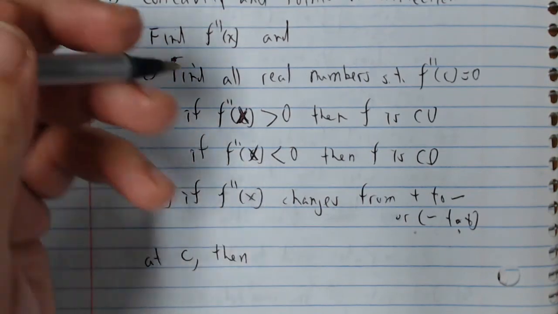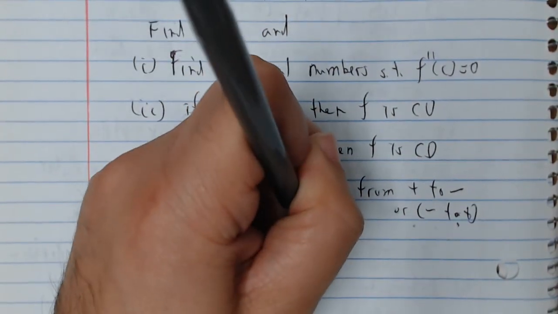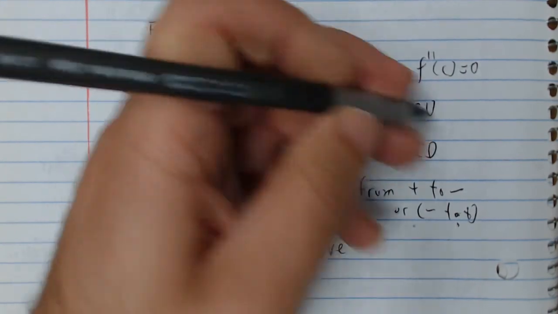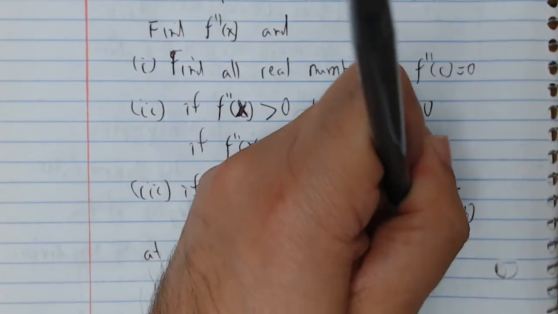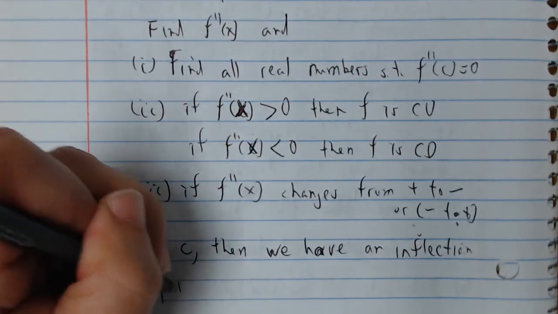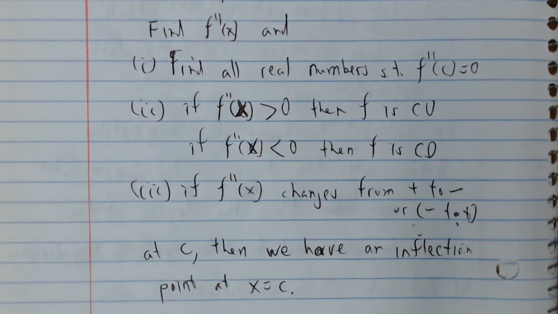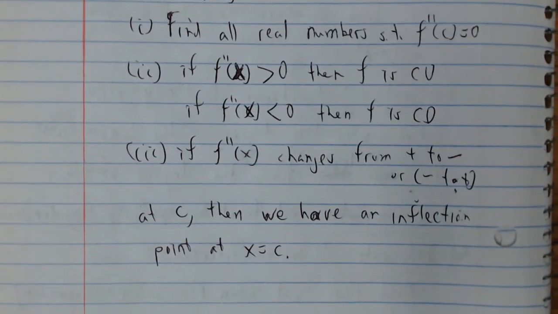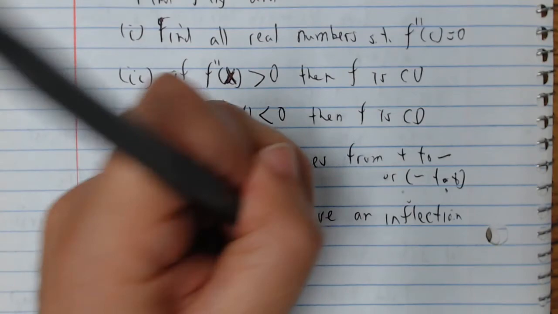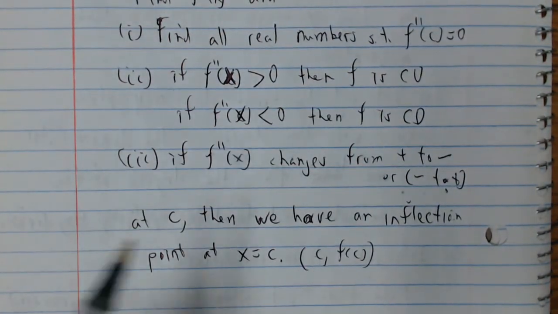Then we have an inflection point at x equals C. Okay, so then the inflection point will be C comma f of C. That's how you'd find it. Now remember, you plug it into the original function.